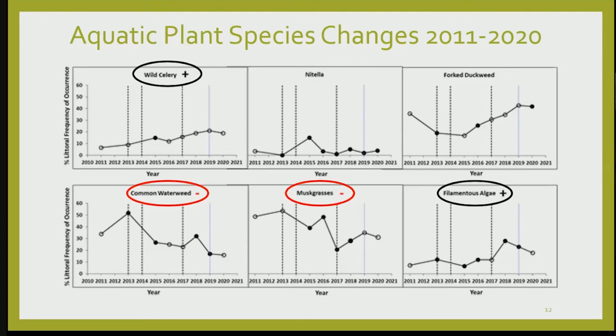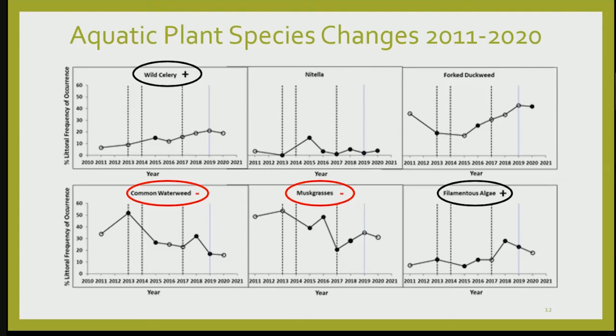The dashed vertical lines represent the years when the whole-lake herbicide treatments were done. The solid faint blue line is the 10-acre herbicide treatment in Woodland Bay in 2019. The open circles on each graph represent no statistically significant change compared to the previous survey.